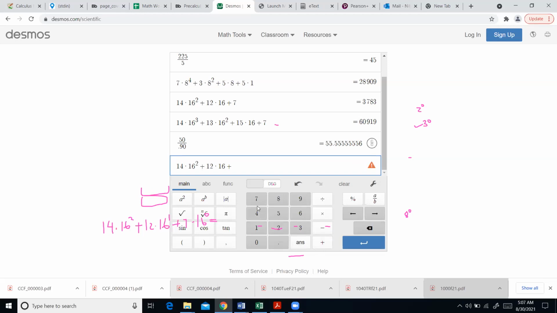And then 7, the last digit, I don't have to multiply it by 16 to the power of 0, which gives 7, because it's times 1, right? So it looks like here we have the answer. It's equal to 3,783.